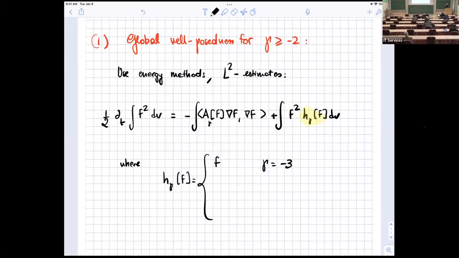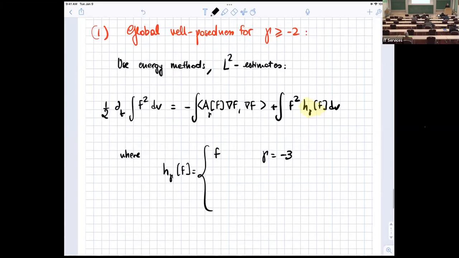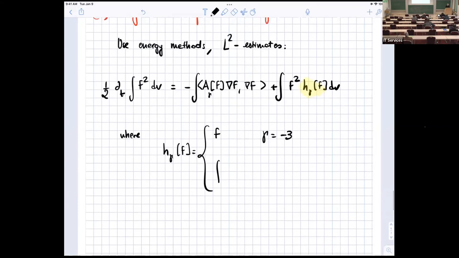I have f times an average of f with some kernel, which is this h of f. So h is exactly, when gamma is greater than -3, the integral of f of v star over |v minus v star| to the power negative gamma dv star. So the singularity becomes better and better if I increase the value of gamma.